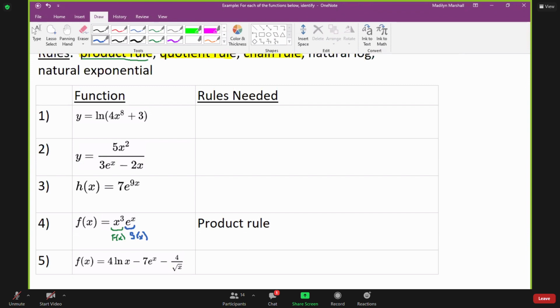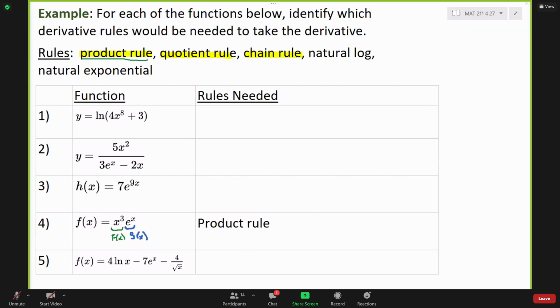Okay, so I'm going to put up a poll for the quotient rule next. Same kind of thing.